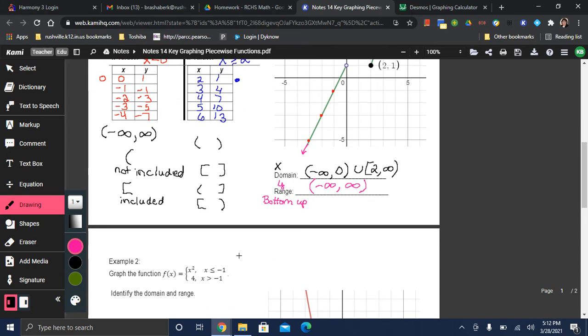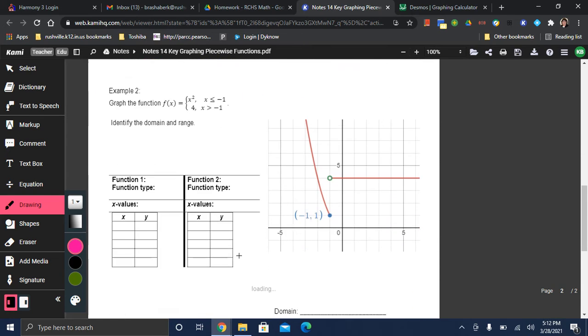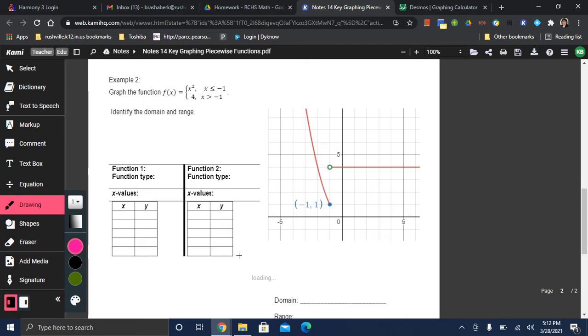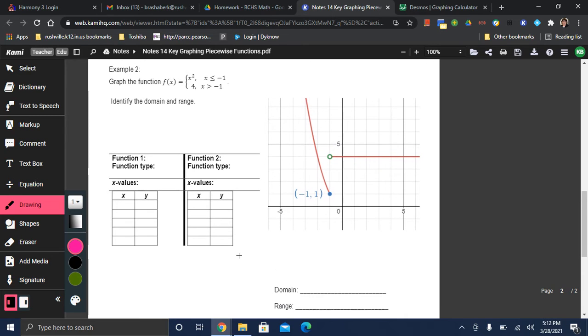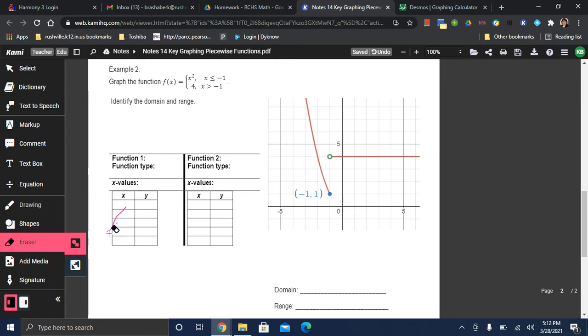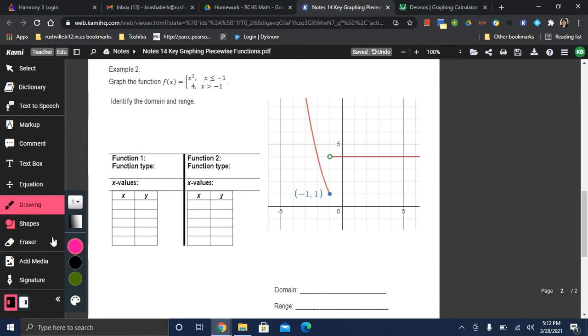So we will continue on and look at a second example that's got a couple of other different types of functions. So we have the function f of x equals, and then your first one is x squared.